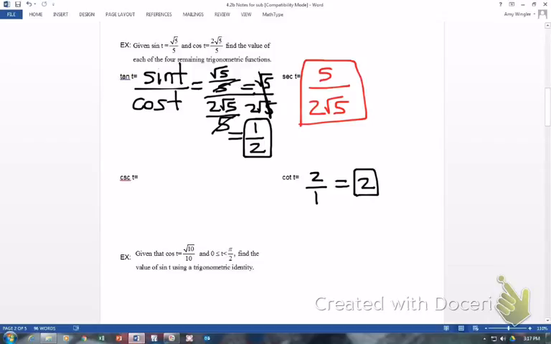The cosecant of t is the reciprocal of the sine of t. So again, I'm not using my identities because I have a value for sine. So if I have a value, all I have to do is take the reciprocal of that value to get the reciprocal function's value.